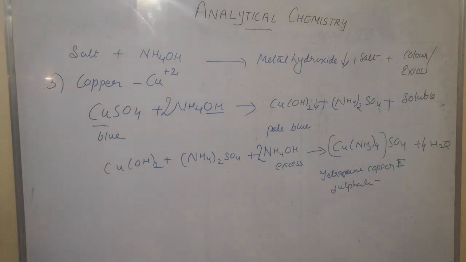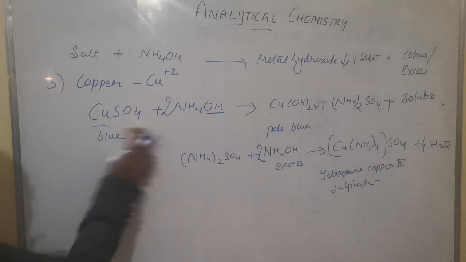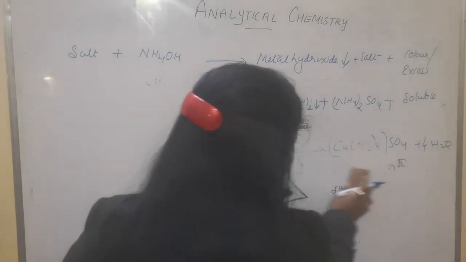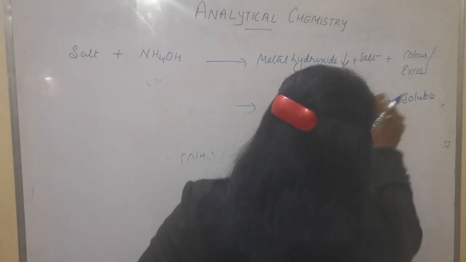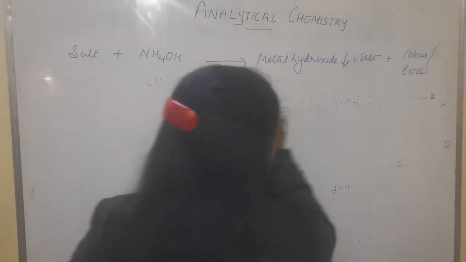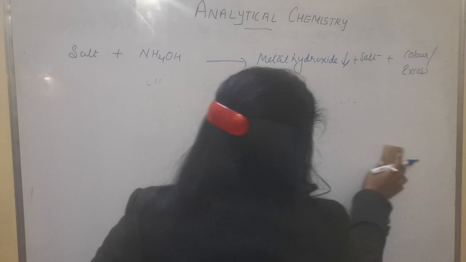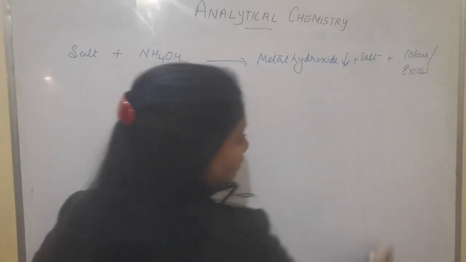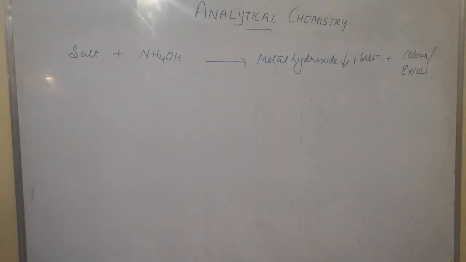Next we'll take zinc salt. In the previous one, when we saw the action of sodium hydroxide, there we had two ions that remained soluble in excess of NaOH, zinc and lead.